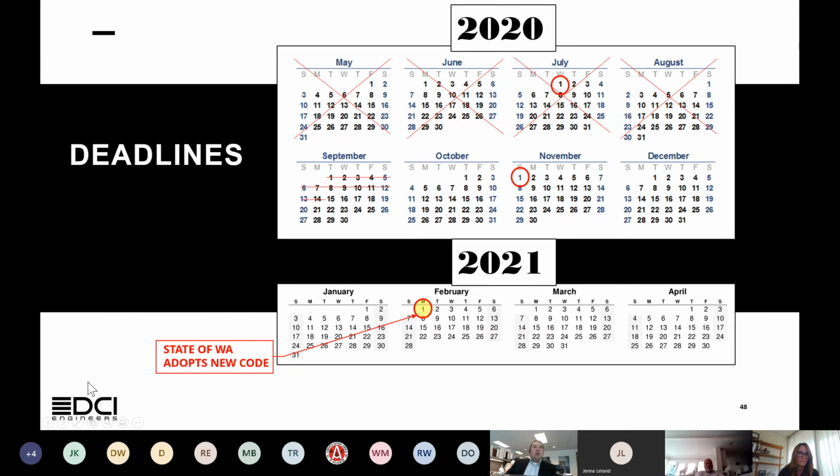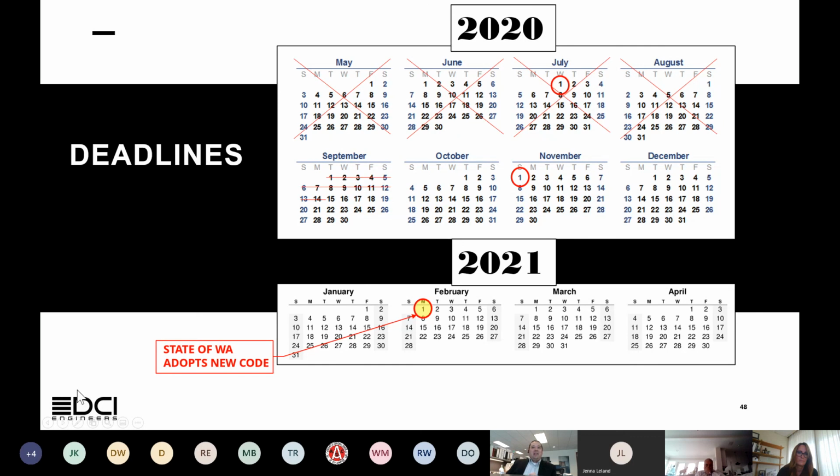Okay, so looking at when these are actually going to be enacted. This had originally been scheduled for adoption on July 1st of 2020. Then the pandemic came along and the state code officials pushed that back to November 1st. I think that's actually the date that got sent out in the email notification for this meeting.